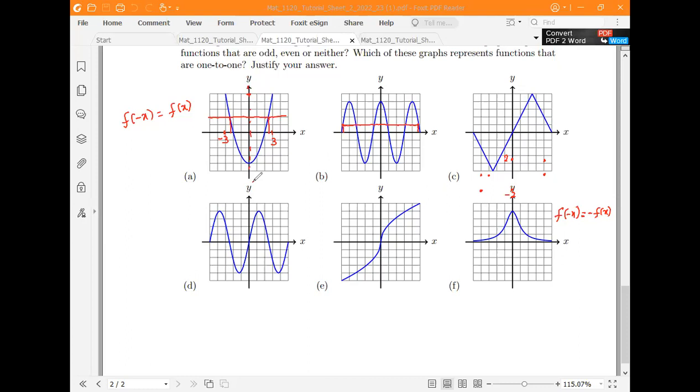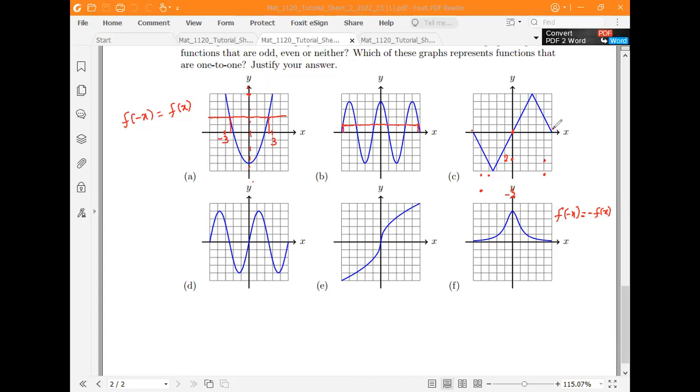But if you fold along the y-axis and the sides don't match, you suspect that it's either odd or neither. For the case of C, if you fold it along the y-axis, you have the endpoints meeting, but those in between won't.